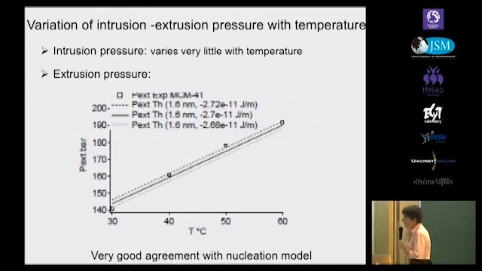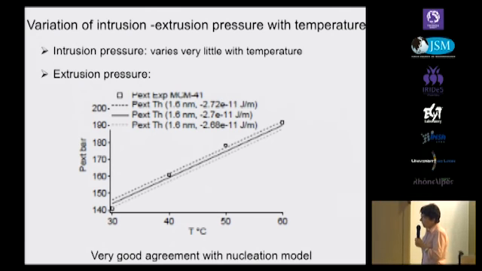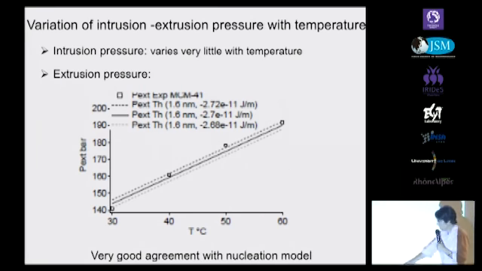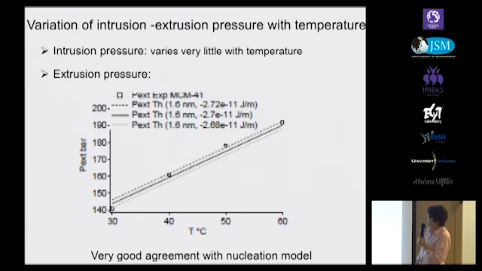With the temperature also, we have a behavior which corresponds well to the nucleation model. And the result is that the extrusion pressure varies also a little bit, but not very much, with the temperature in the range of ambient temperatures.